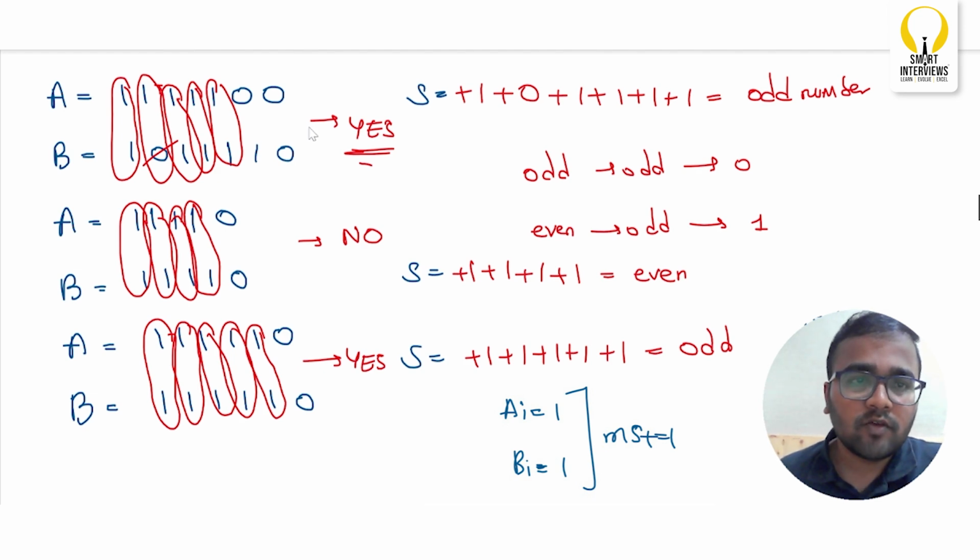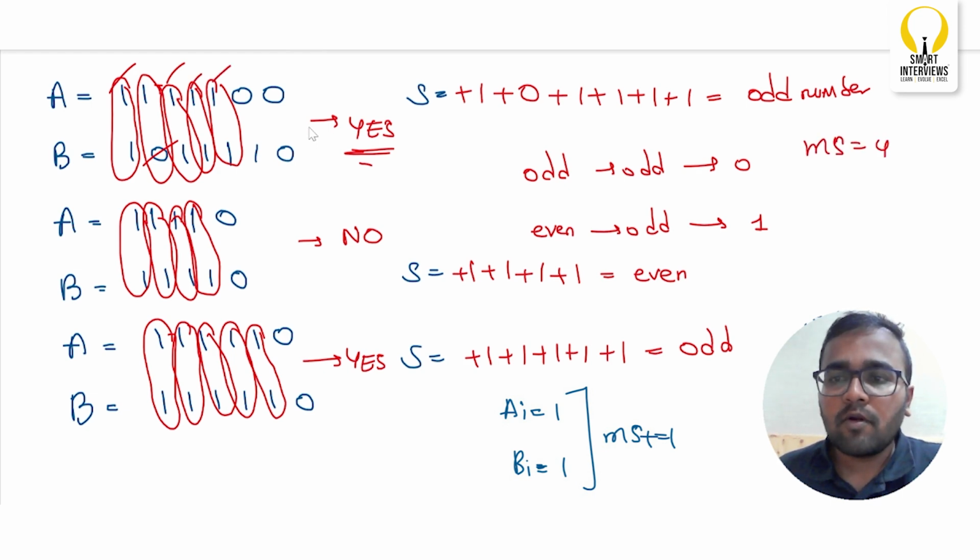Same as this. In this case, our minimum sum is 1, 2, 3, 4. So your minimum sum is 4. This 4 is an even number. We need to make it an odd number. So to make it odd, we must have at least one such case. We have at least one such case, so we can make it.